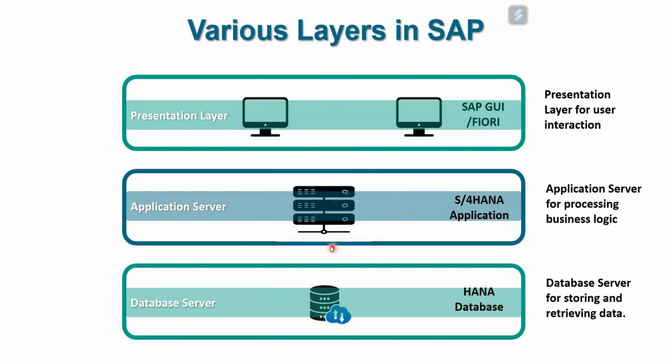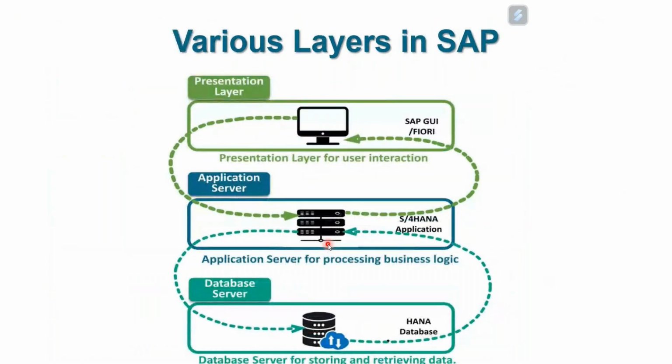So this is how it works, and I've tried to present it to you in a graphical format so that you understand better. So a presentation layer, you're sending the request to the application layer. The application layer requests to the database layer. The database layer responds back.